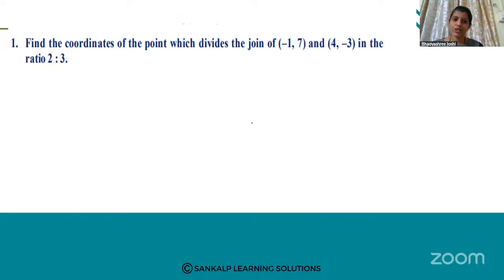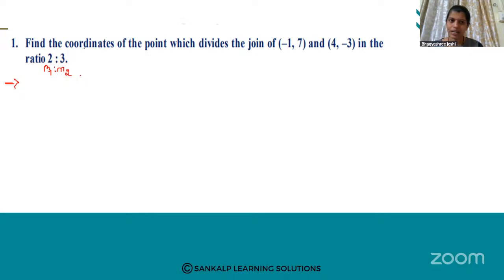Find the coordinates of the point which divides the join of -1, 7 and 4, -3 in the ratio 2:3. Yes, dear children, observe carefully. What have they given us? They have given A (x1, y1) and B (x2, y2), and they have also given m1:m2.